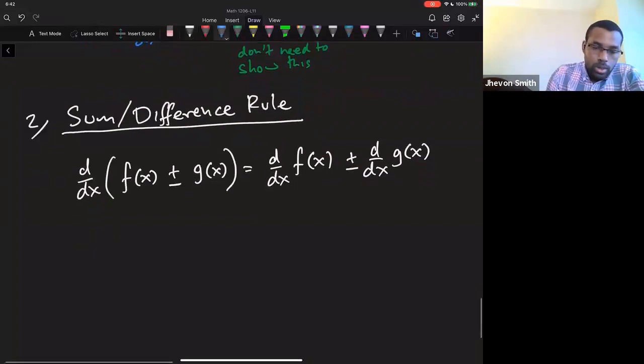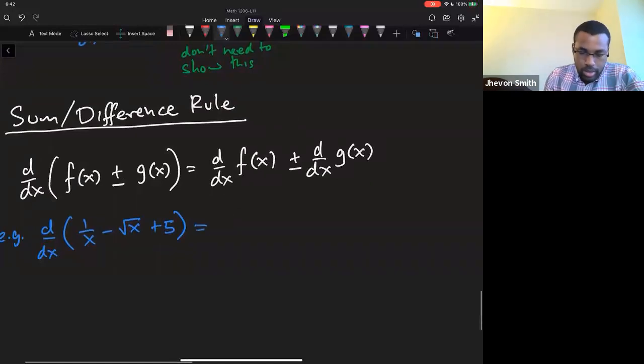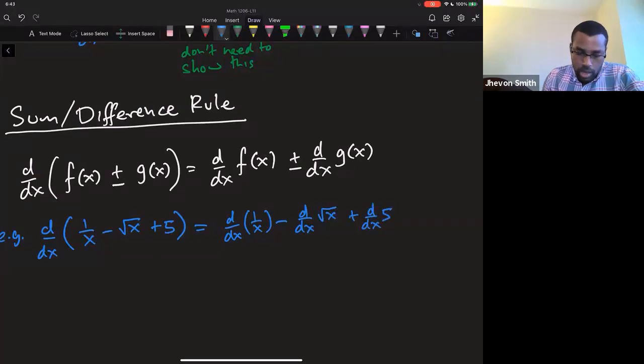Right, so an example here is, let's say I were to ask you, what is the derivative of 1 over x minus the square root of x plus 5, right? So I can just notice that this is just going to be the derivative of 1 over x minus the derivative of radical x plus the derivative of 5. The derivative of 1 over x, we know that's minus 1 over x squared. We just did that. Derivative of radical x is 1 over 2 rad x.